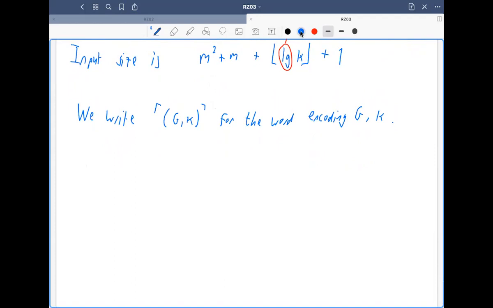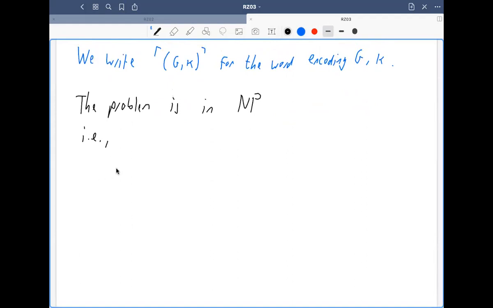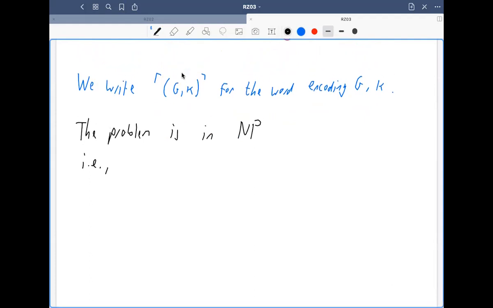What that means in language terms, i.e., id est, that is: when we say this problem is in NP, it means the set of words encoding inputs that positively satisfy the question, for which the answer is yes, is a language in NP.